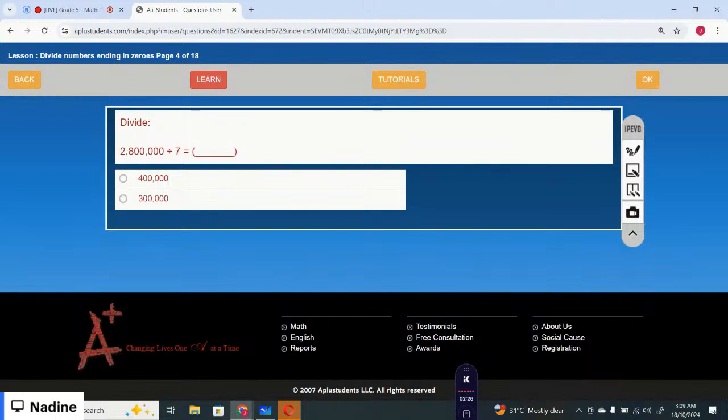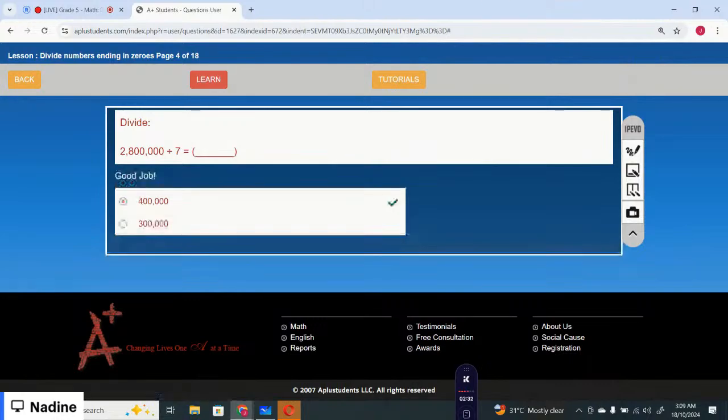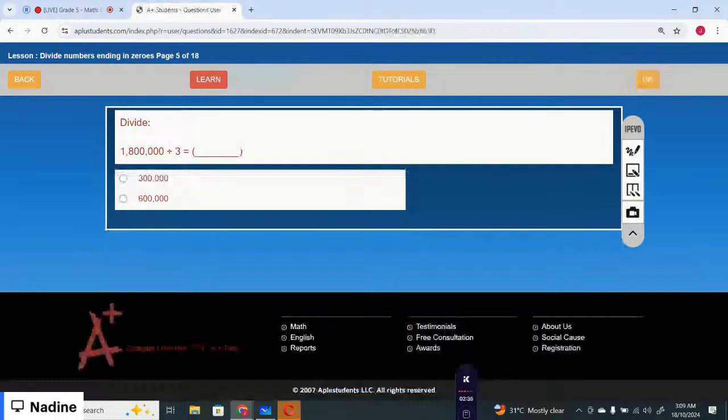The correct option is, very good, option number 1. 7 times 4 is 28. You need to add those zeros. So that is 400,000. Option number 1 is the correct option.